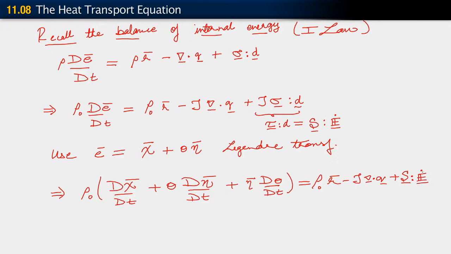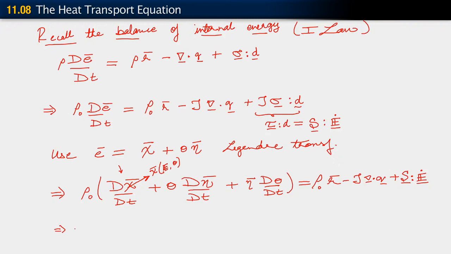What I'm going to do now is expand out this term using the chain rule. To do that, I'm going to remind ourselves that chi bar is a function of E, the strain, and theta.